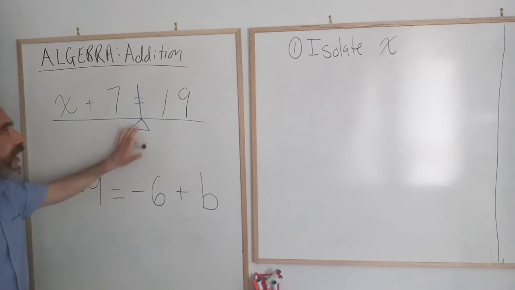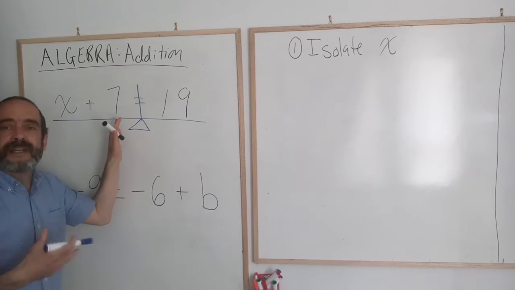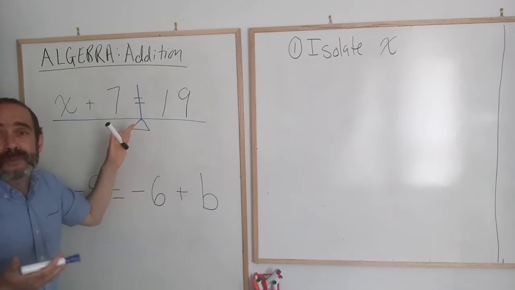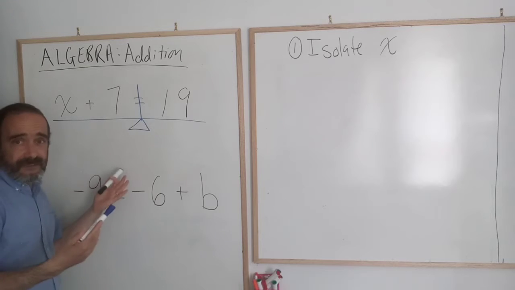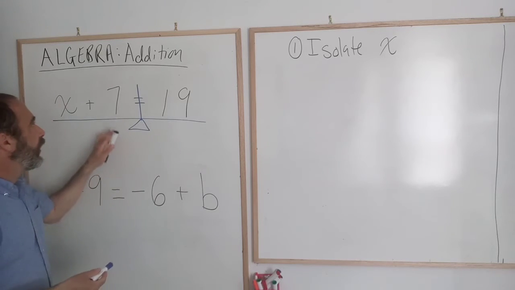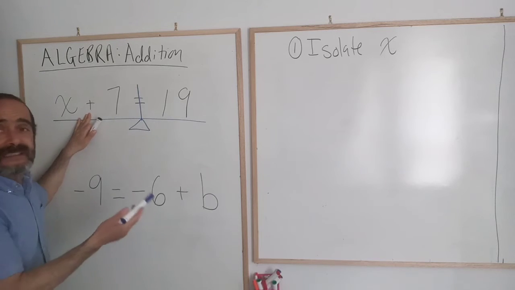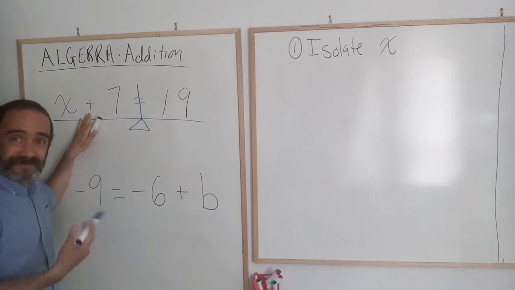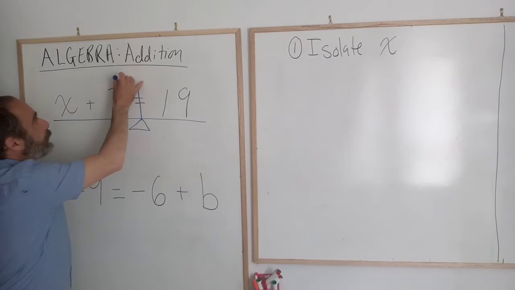Well, if we've got 7 apples on this side of the scale, and we want to get rid of those 7 apples, what do we do? We have to do the opposite, or the inverse operation, to what we see on the page here. So right now we're adding 7 to that side of the equal sign. We'll need to do the inverse. We'll need to subtract 7.